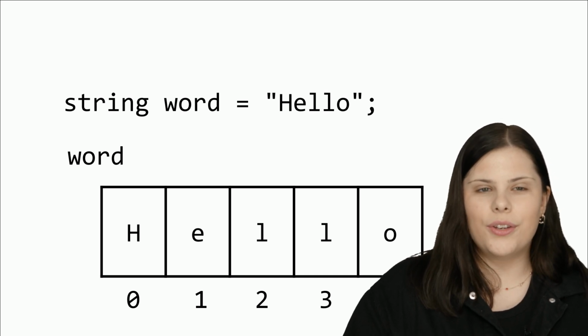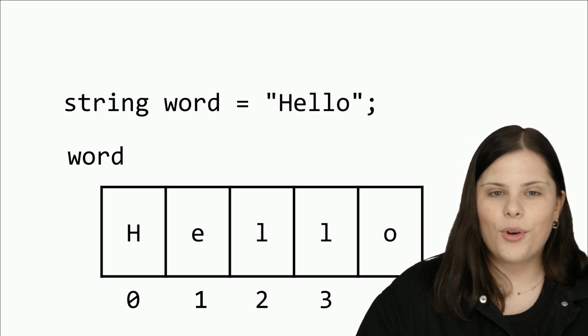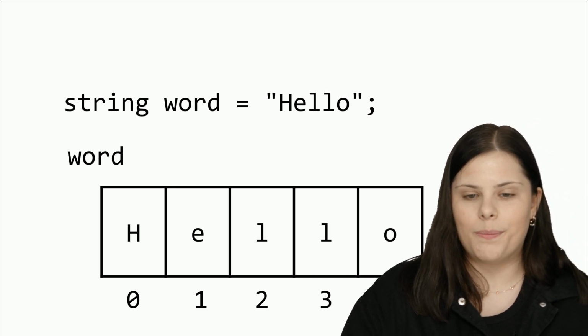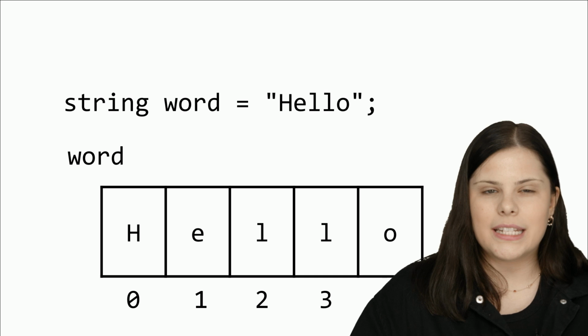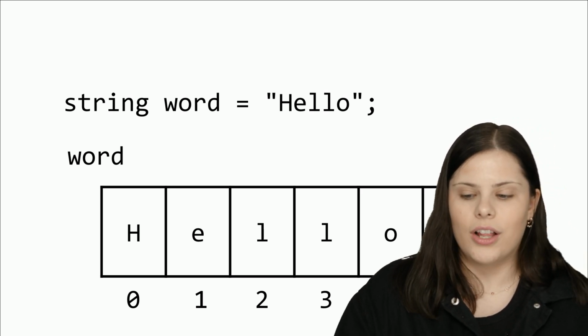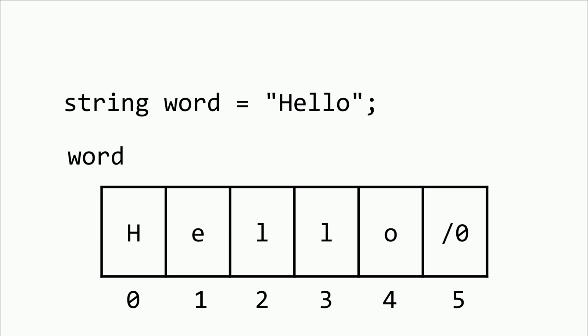But I would argue there is one more element that we're missing right now. And I think I might have spoiled a little bit while I was skipping forward. But what other element is technically also there that we don't see on the screen? Exactly, the null. So every string has this null character at the end to specify, okay, this is where my string ends.